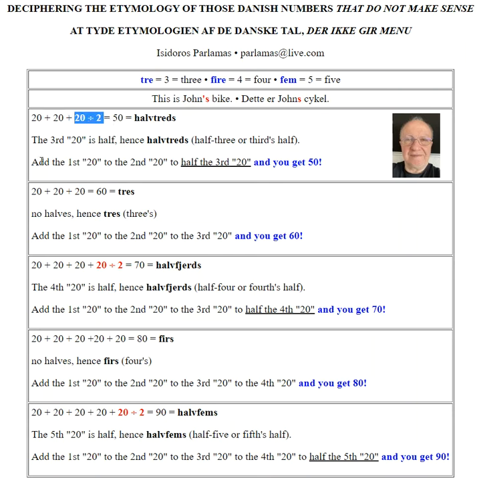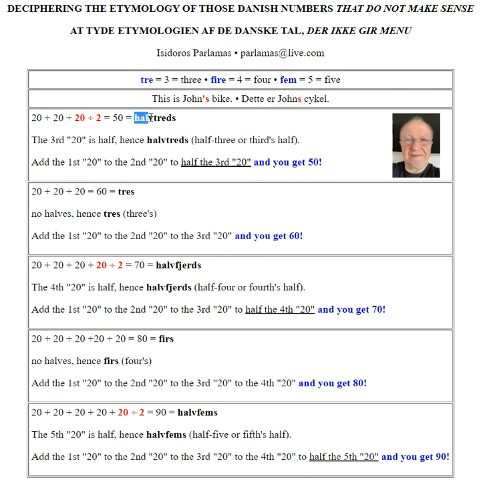So add the first 20 to the second 20, which makes 40, and to that add half of the third 20, which is 10, of course, and you get 50. It's not very difficult. So the first 20, the second 20, and half of the third 20.